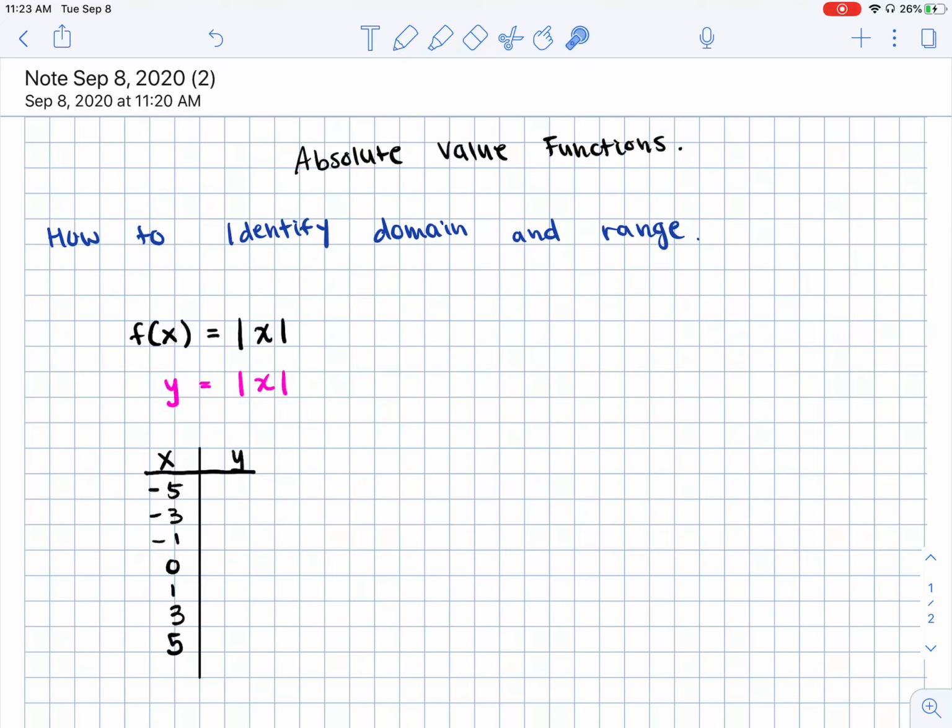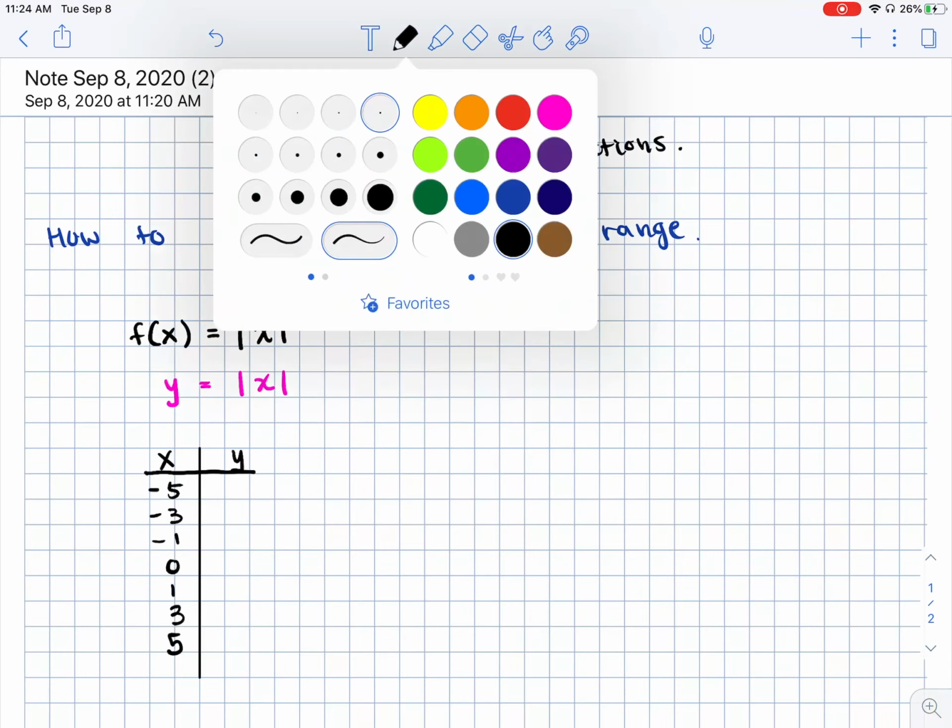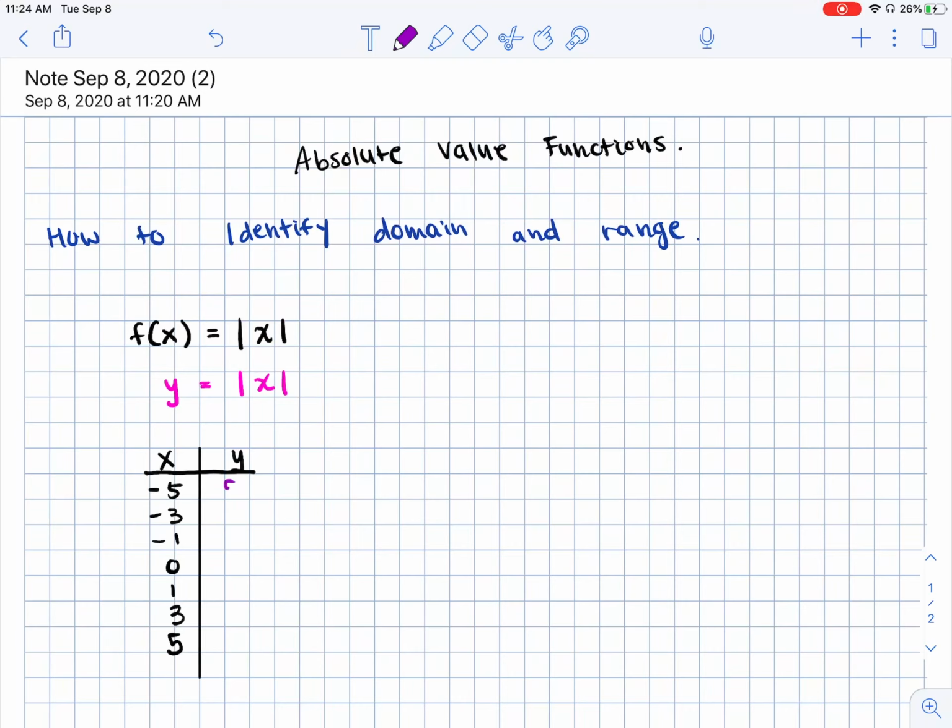If I were to get the absolute value of -5, so substitute it in, absolute value of -5 would be +5. And then I'm going to go down my x values. So absolute value of -3 would be +3. Absolute value of -1 is 1. Absolute value of 0 is 0. And absolute value of any positive number remains that number. So 1, 3, 5.